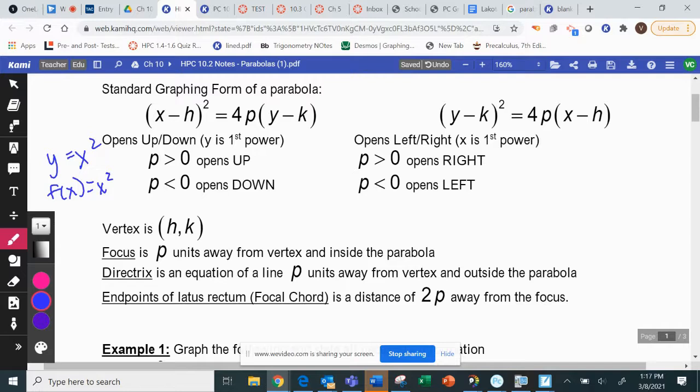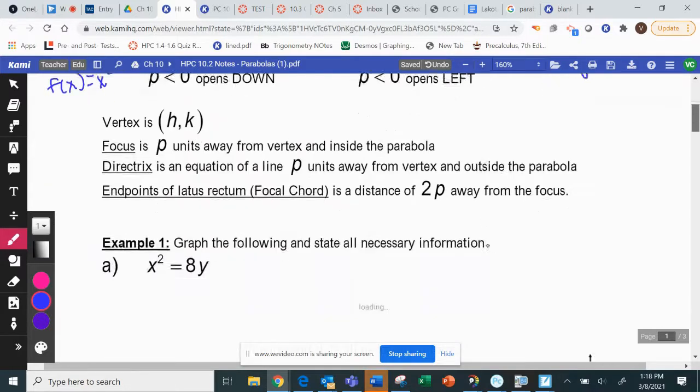The ones that open left or right can't be written as functions because those are like x equals y squared kind. They're the ones that would fail the vertical line test. So I think about the functions and how I normally write it to know which one's which. They're almost exactly the same format. It's just one of them has the x squared, one of them has the y squared. Everything's right there that you need, but you're not going to have that on the test.